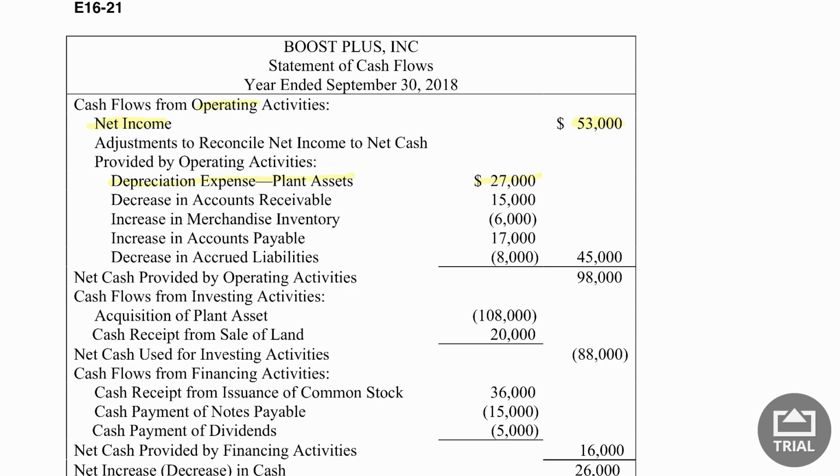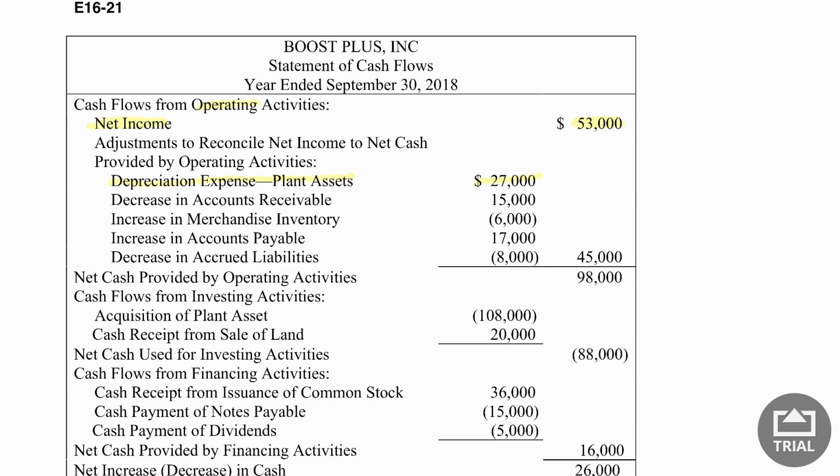But to double check, I want to look through any additional data and make sure I don't see anything. So let's see, we bought plant assets, we sold some land on B, but it says there was no gain or loss. Okay, so no gain or loss. And I don't see anything else to do with selling any plant assets. Okay, so no gains or losses.